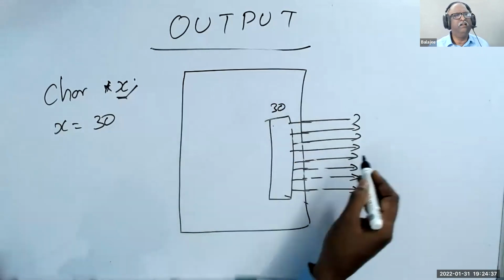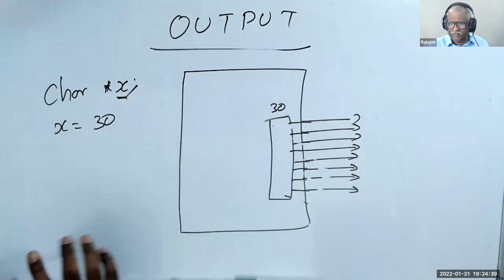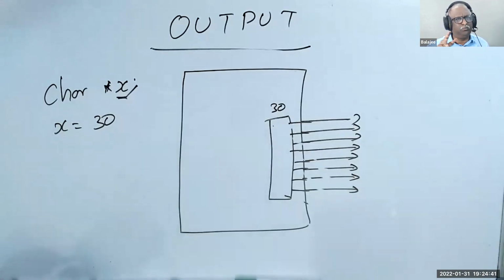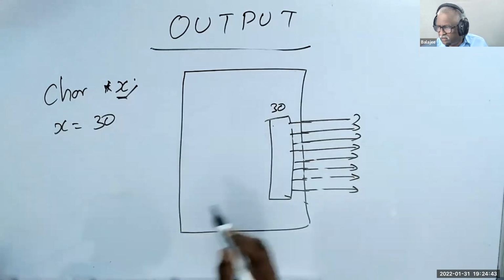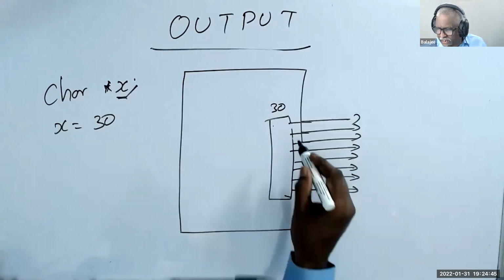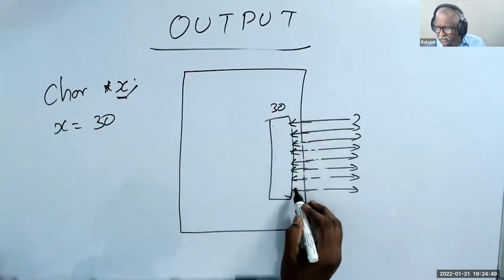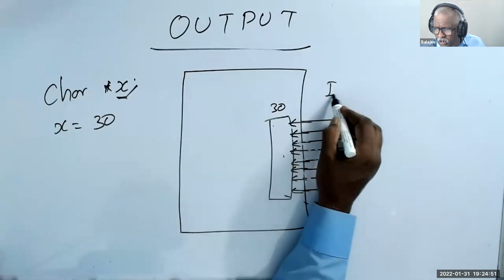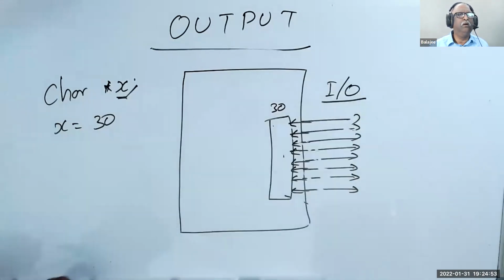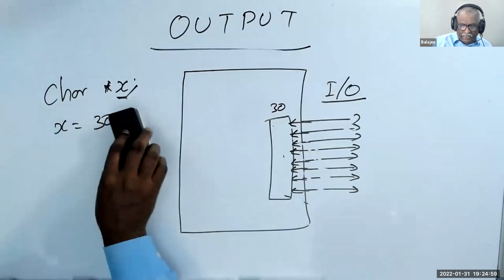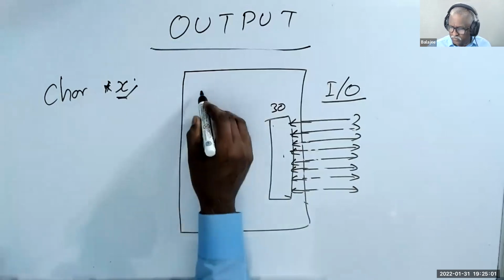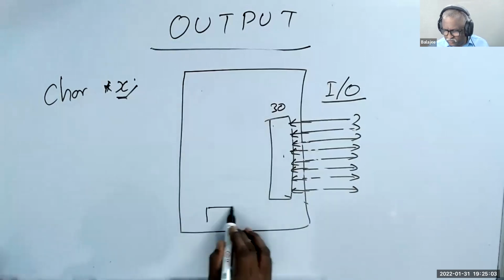But the manufacturer added a small extra thing: these pins can act as input or output, both. But how do you know whether to use input or output? That is your wish. For that, they gave one more address inside.